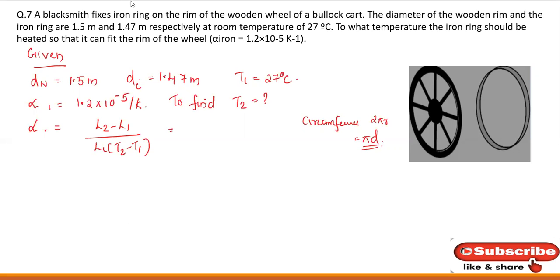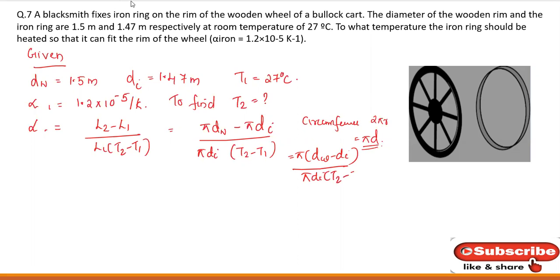So instead of L2 and L1, we can write pi dw minus pi di upon pi di into T2 minus T1. Pi is common here. We can take pi common from the numerator, pi into dw minus di upon pi di into T2 minus T1.